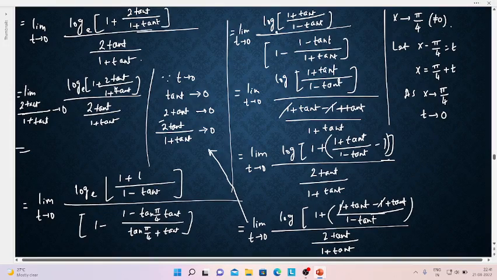So you can see the limit of log(1 plus x) over x when x tends to 0 is nothing but 1. So instead of x we have 2 tan t over 1 plus tan t. So the total value of this particular limit is actually 1. So the answer of the question is actually 1.